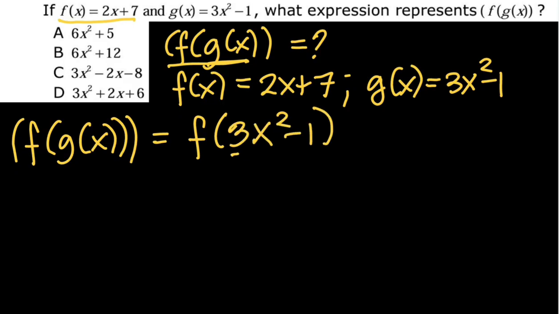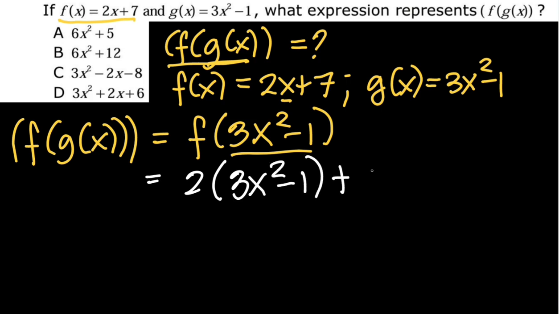So that means we substitute 3x squared minus 1 for the value of x in function f of x. So this would be 2 times g of x, which is 3x squared minus 1, plus 7. So we just simply replace x with 3x squared minus 1.